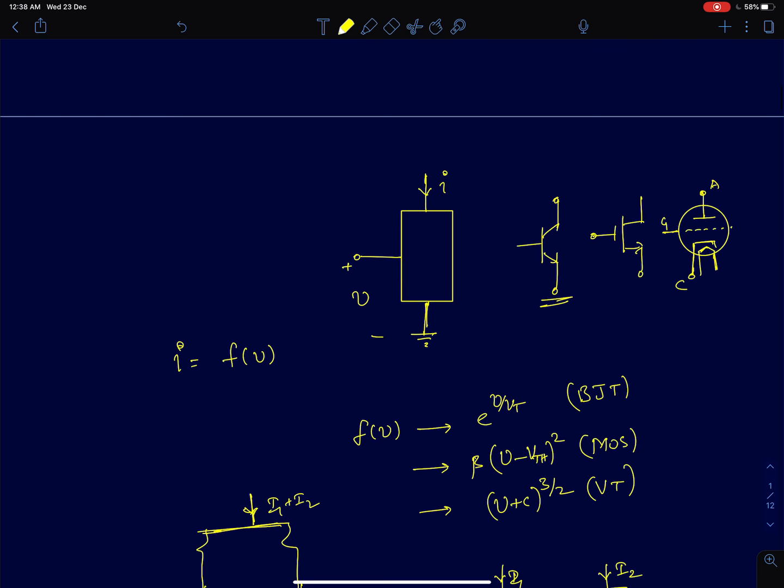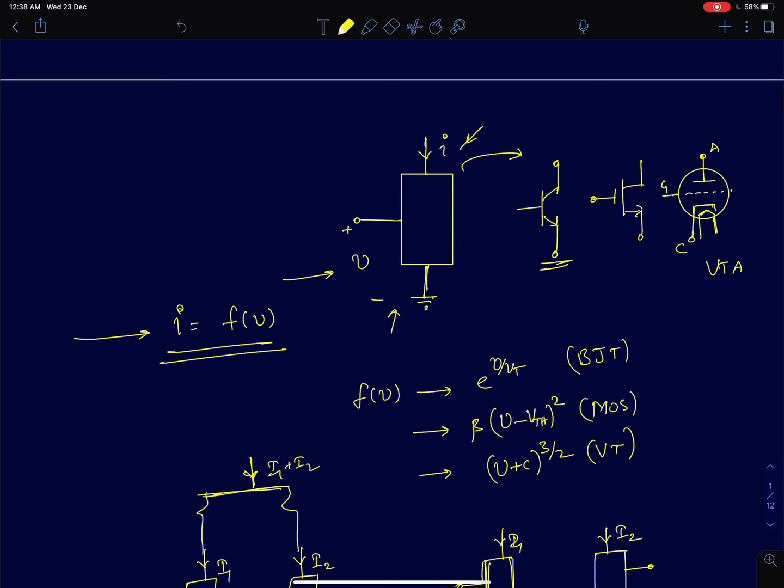For this generic three-terminal device, I'm going to assume that if I apply a voltage V between the input terminals as shown here, then the current at the other terminal, I, is given by a nonlinear function, I is f of V. Now as I've shown here, the three-terminal device can be a bipolar junction transistor, a MOSFET or a vacuum tube amplifier.